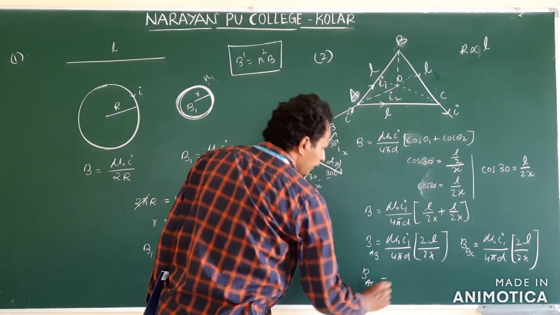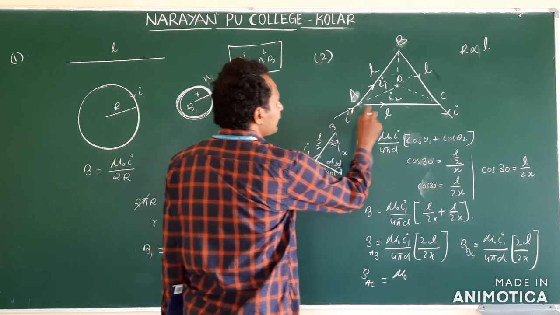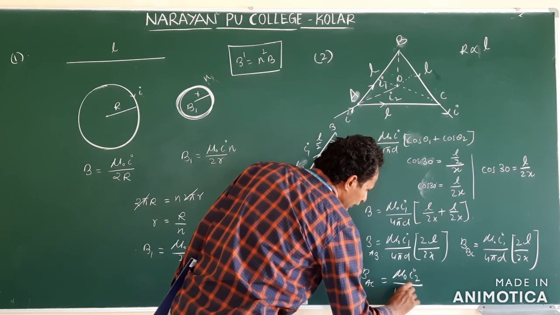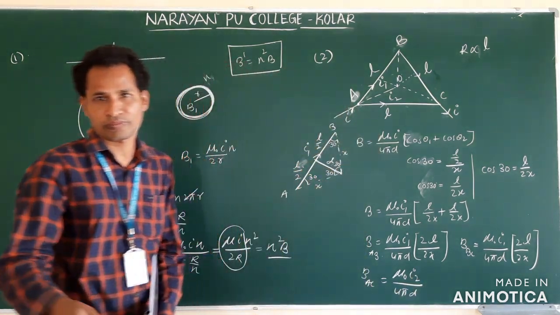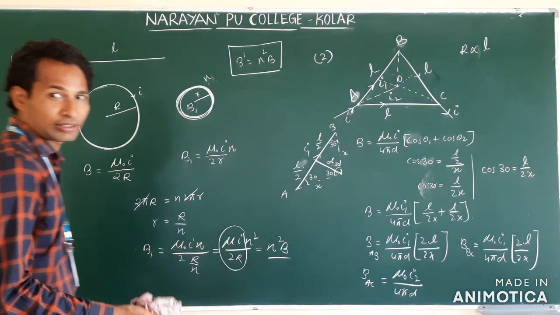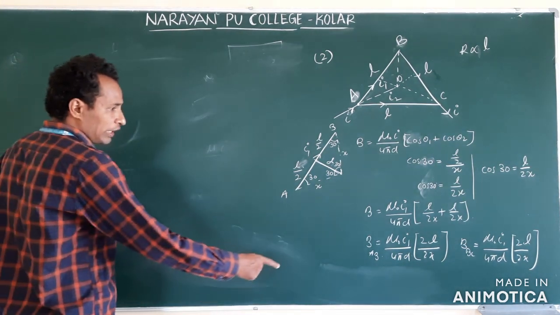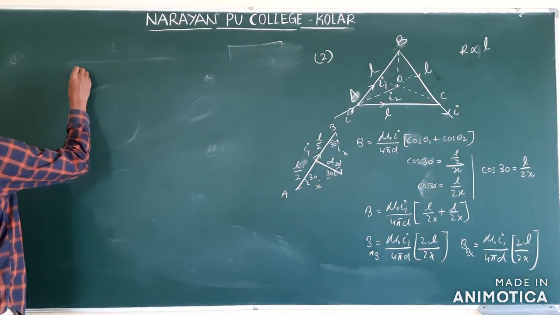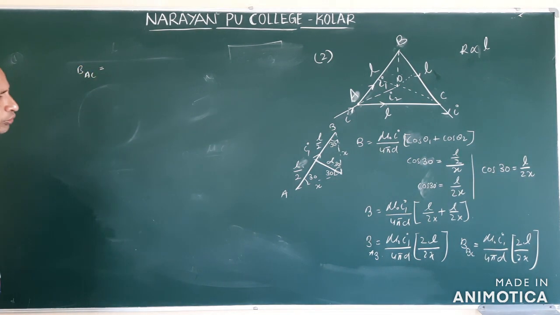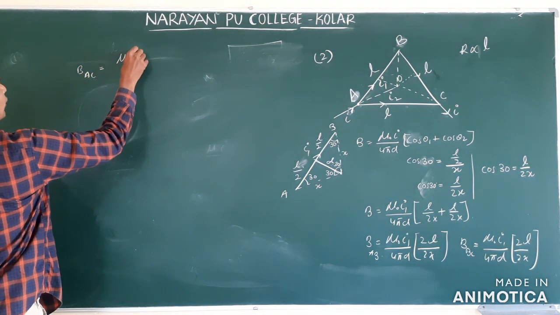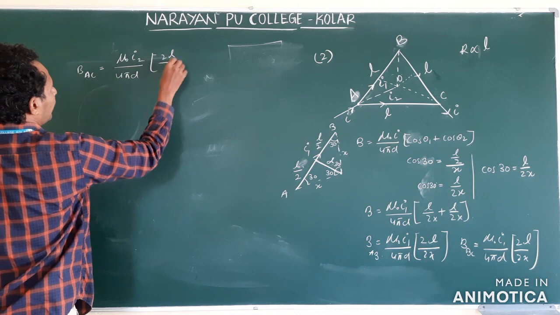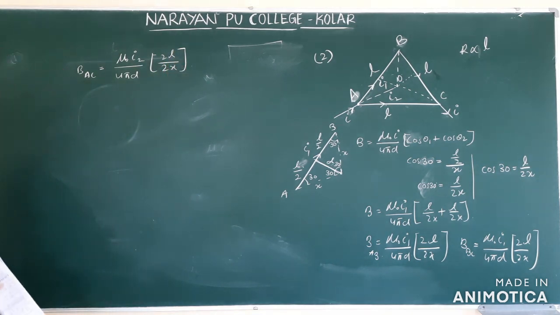The field also remains the same, mu naught, but in AC what is the current? I2. Mu naught I2 by 4 pi d. So I wrote BAC there, but that equation I am writing here: BAC is equal to mu naught I2 by 4 pi d times 2L by 2x. Clear?